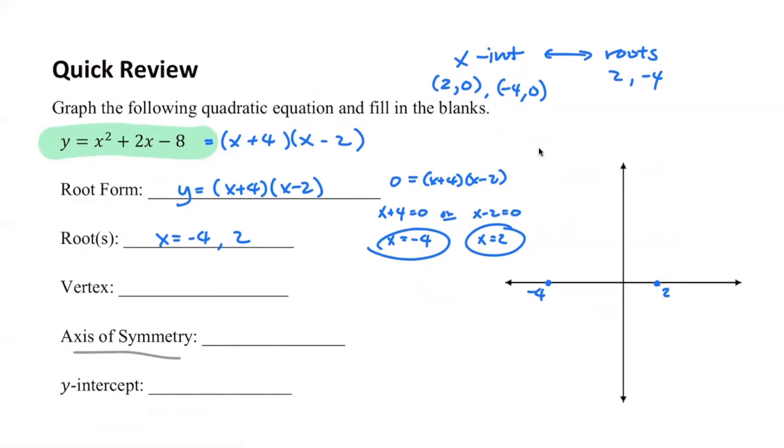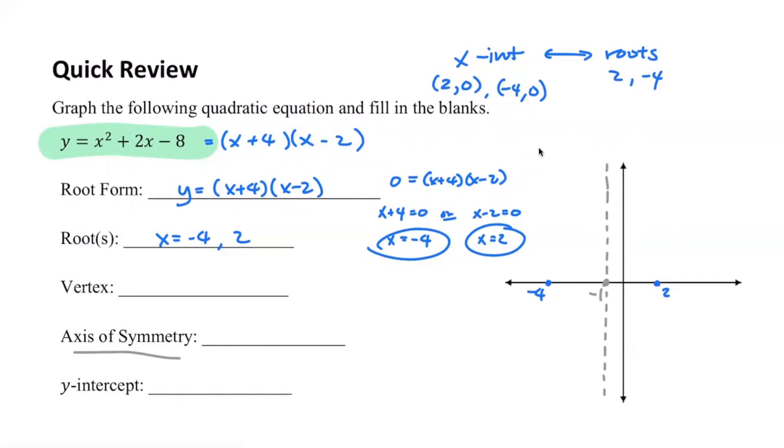Quadratic equations are always symmetrical, left and right, and the axis of symmetry is always right in between the two roots.